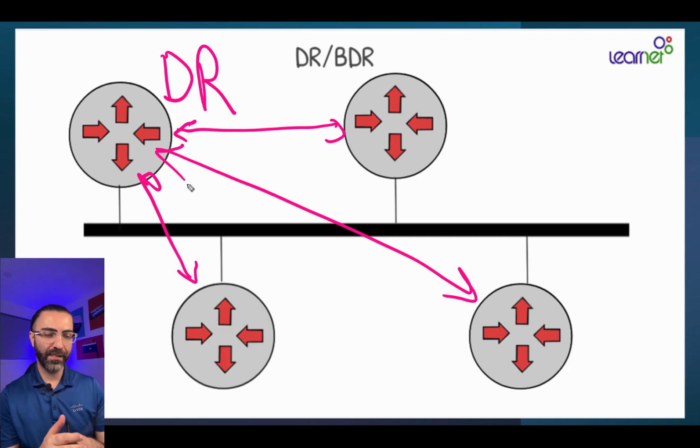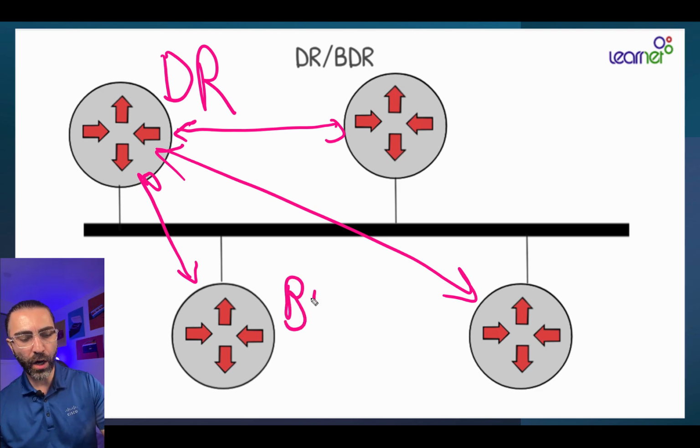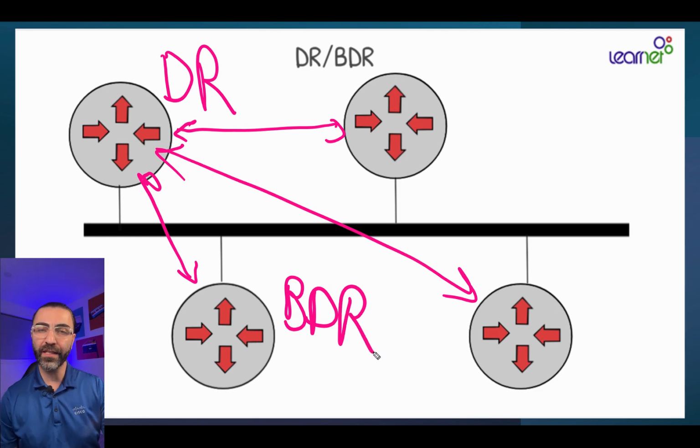Okay? And since this role is very important, we need a backup as well. So the router with the second highest router ID will be picked as the BDR, or backup designated router. If the designated router fails, the backup designated router will take over the responsibility.